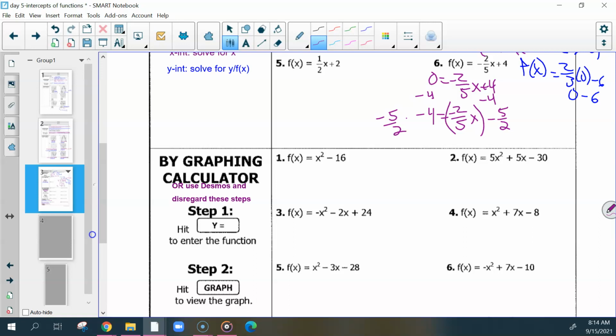This would give me positive 20 over 2, so positive 10. What's my y-intercept? 4.